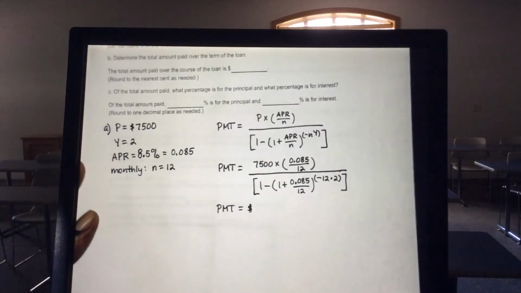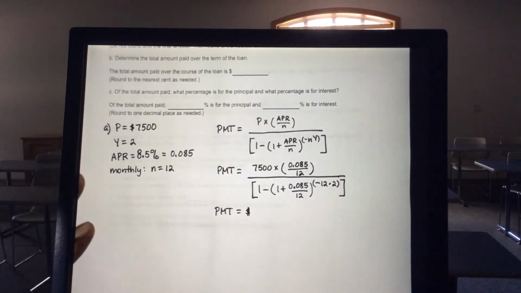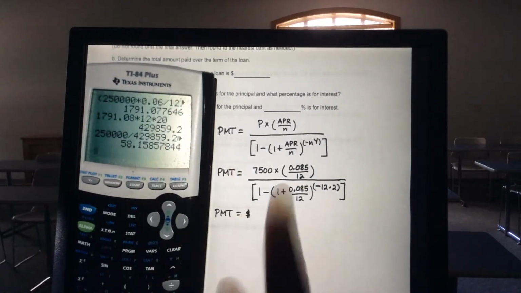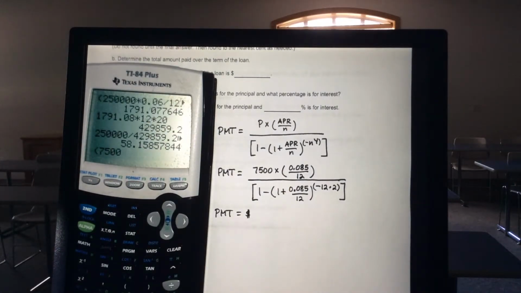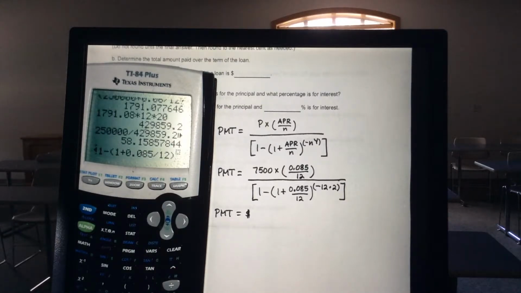Now, if we type this in: left parenthesis, 7,500 times 0.085 divided by 12, close parenthesis, and then divided by, left parenthesis, 1 minus, left parenthesis, 1 plus 0.085 divided by 12, close parenthesis, and then press the hash key for your exponent, and then left parenthesis, negative 12 times 2, close parenthesis, and then use your right arrow key to get out of that exponential part, and then close your parentheses, and then hit enter.